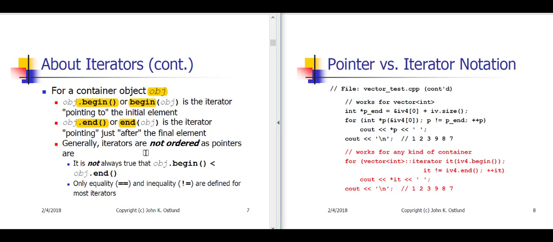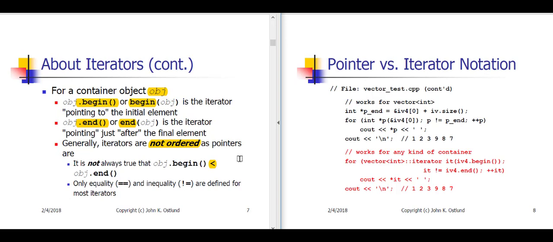Now, real pointers to successive memory locations are in ascending address order, but iterators are a generalized idea of pointers. They are not ordered in an ascending order the way real pointers are. So you cannot, in general, use the less than symbol to compare one iterator to another.